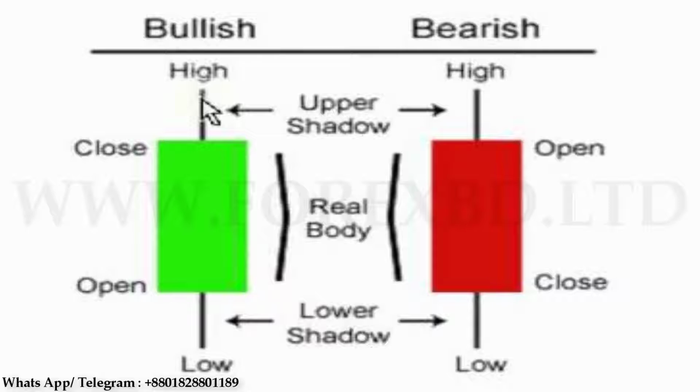The bearish candle starts from the top, so it's called opening, and this candle goes down and ends, so the last place is called closing. Basically, the candle by which the market goes up is called a bullish candle, and the candle by which the market goes down is called a bearish candle, and the colorful part is called the real body. You can make any color on the candle. We are using red and green to show you.